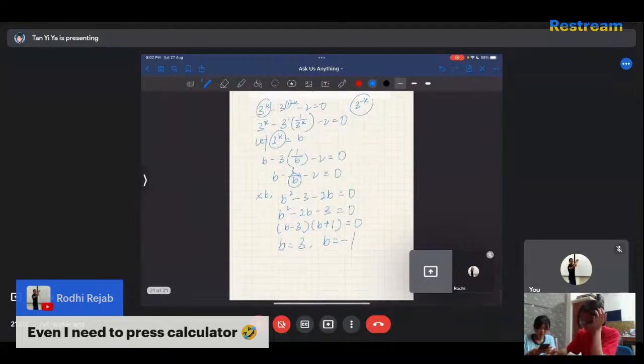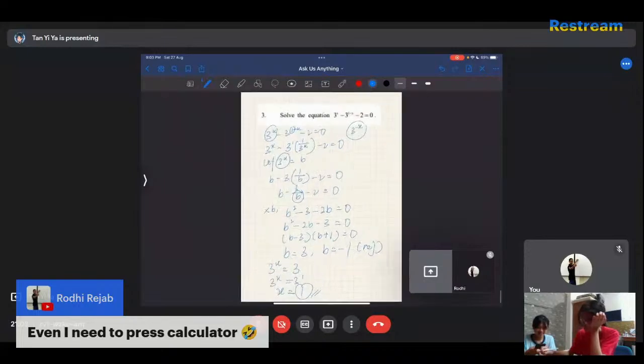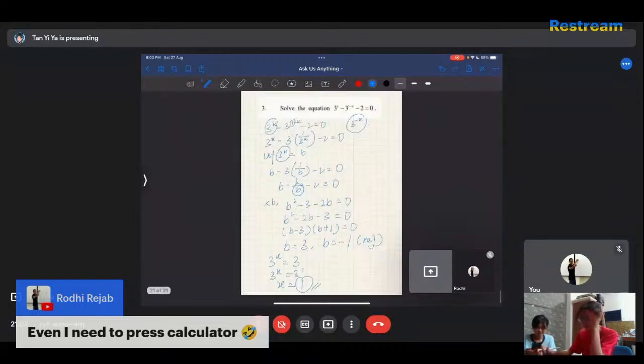Just substitute it. 3 to the power of x equals 3, so the value of x will be 1. The b equals negative 1 is actually rejected because we couldn't find the value of x using this.